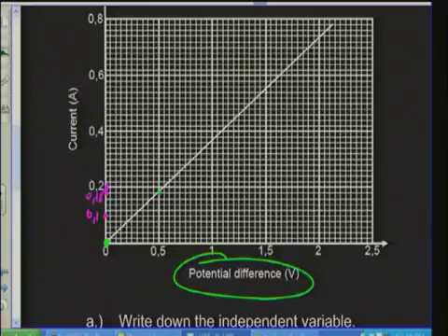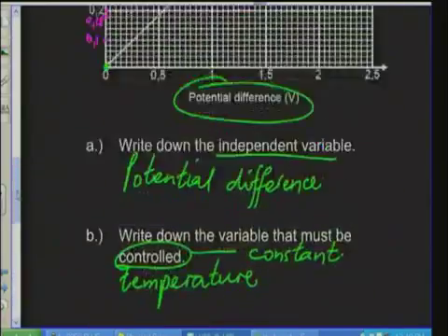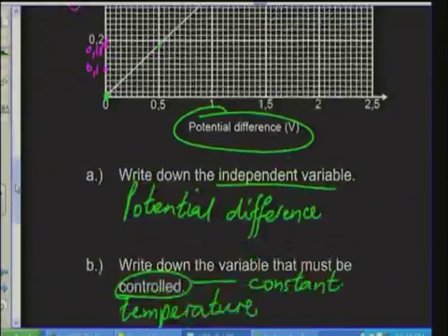So we have that, we can calculate the gradient. Now, the gradient M, as we know it in maths, is change in vertical over change in horizontal. In our case, what is on the vertical is current, and what is on the horizontal is potential difference.